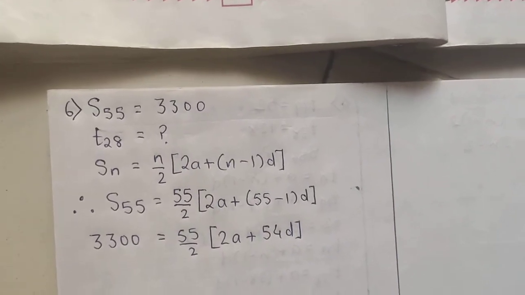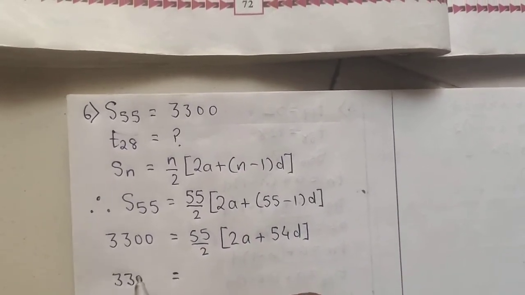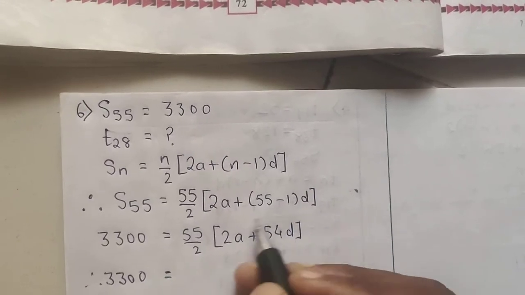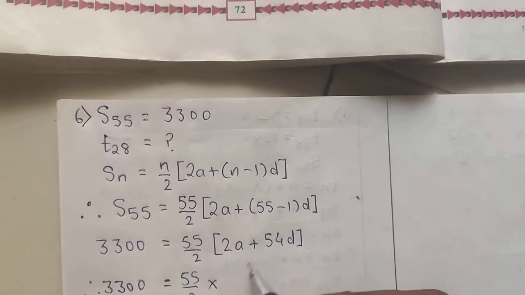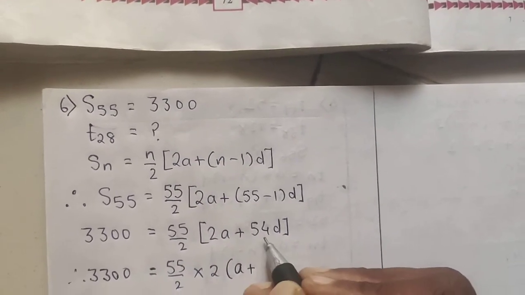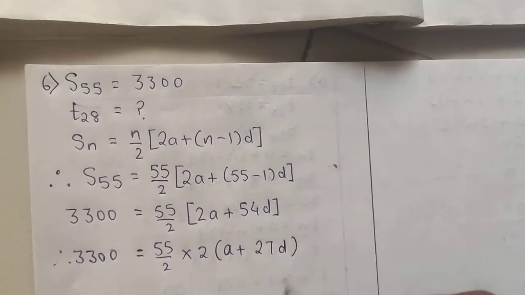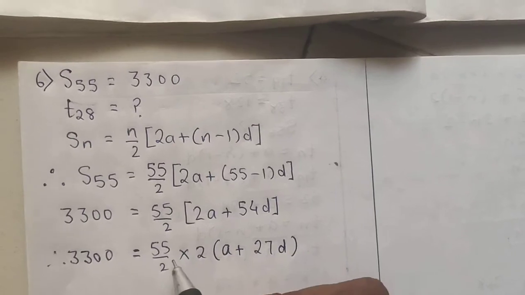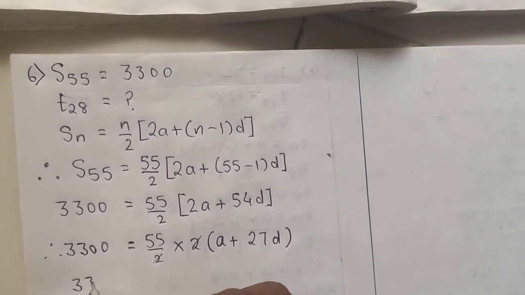Now in the next step, we can take 2 common from this bracket. If you take 2 common, a is remaining, and 54 means 2 twenty-sevens, so 27 is remaining here. Now you can cancel out this 2, so 55 is remaining.